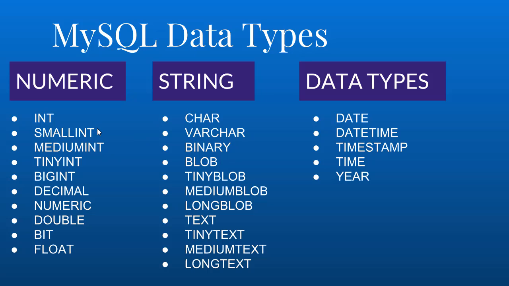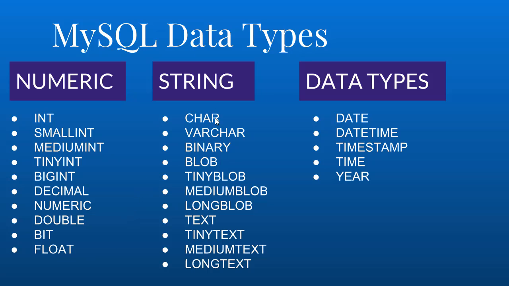There are a few I mentioned here: numeric, string, and a few other data types. Numeric contains integer, small int, medium int, tiny int, big int, decimal, and float. Most importantly, we use them to manage salaries and for calculation purposes. For example, if you're creating an e-commerce website and you want to calculate the balance, right?